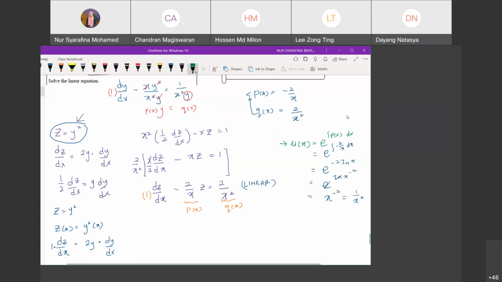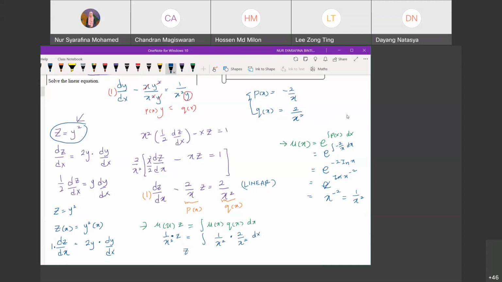And then by using mu x, z, because we have z here, equals integral of mu x Qx dx. So we have 1/x squared z equals the integral of 1/x squared times Qx, which is 2/x squared.